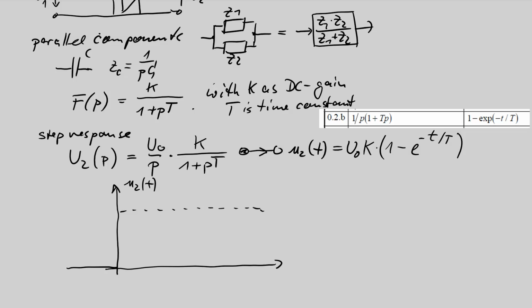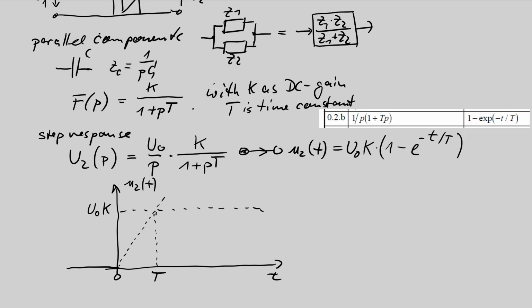So the final value is just input amplitude times DC gain of my PT1. Then the drawing can be constructed with this tangent construction. Draw a straight line which starts at 0, which crosses the final value at time constant T.